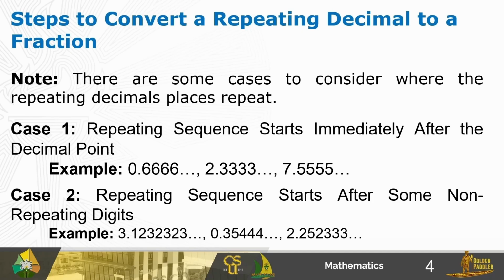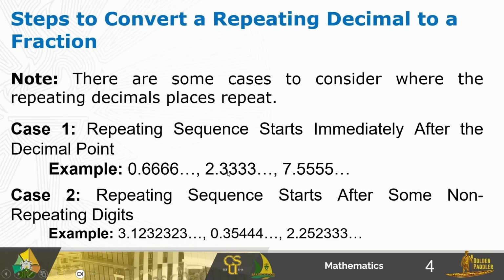For case 1, the repeating sequence starts immediately after the decimal point. Example, as you can see here, 0.6666, the repeating block is 6, and it's right after the decimal point. Another example, 2.3333.